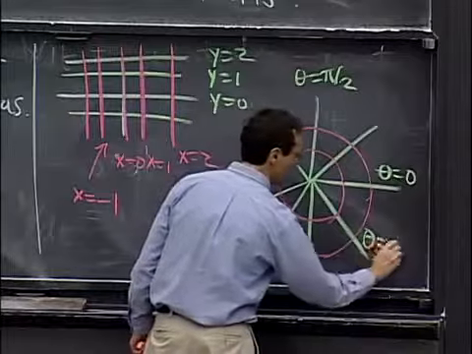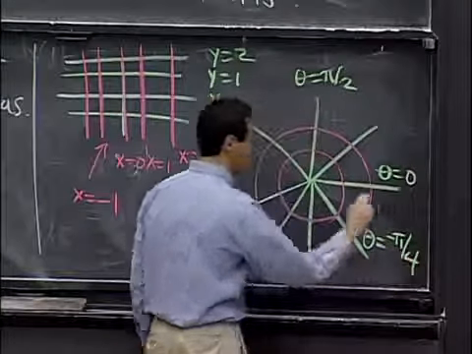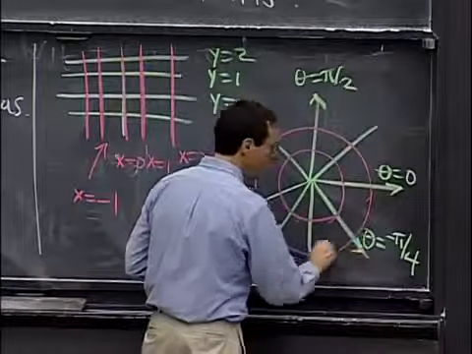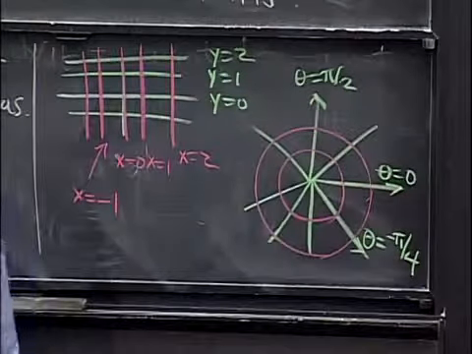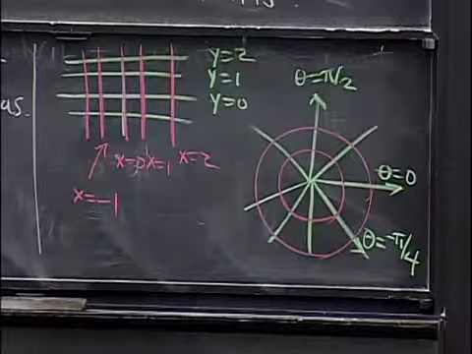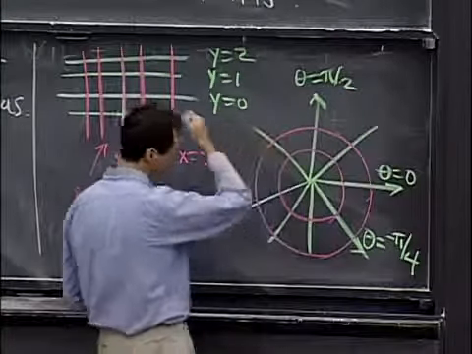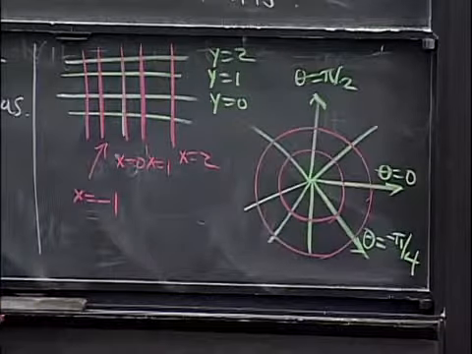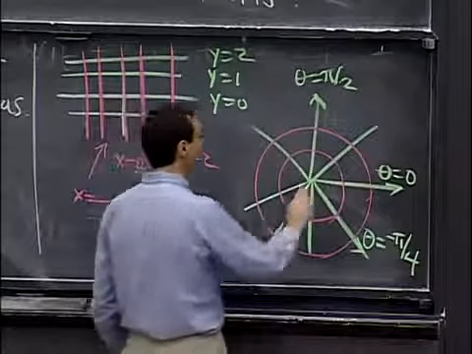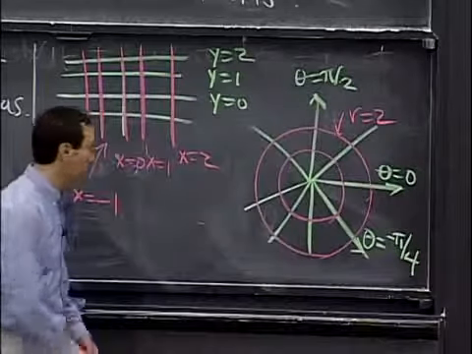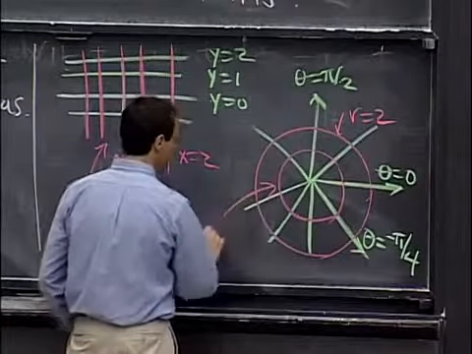This is theta equals negative pi over 4, for instance. So I've just labeled for you 3 of the rays on this diagram. It's kind of like a radar screen. And then in pink, this is maybe r equals 2, the radius 2. And inside is r equals 1.